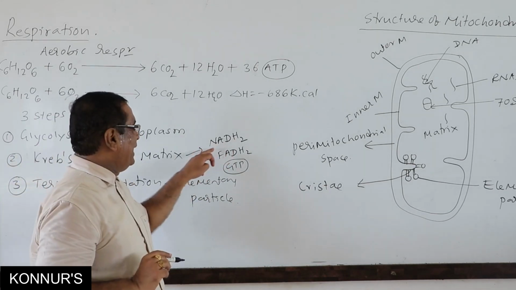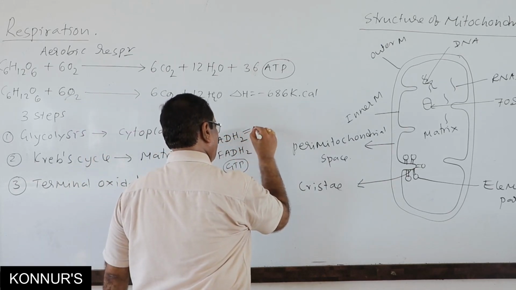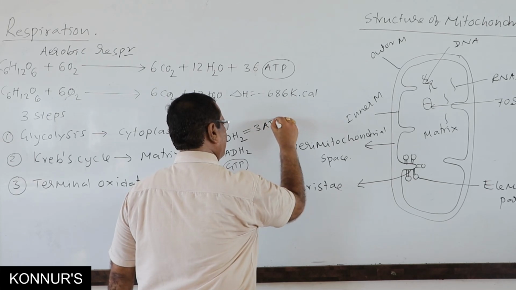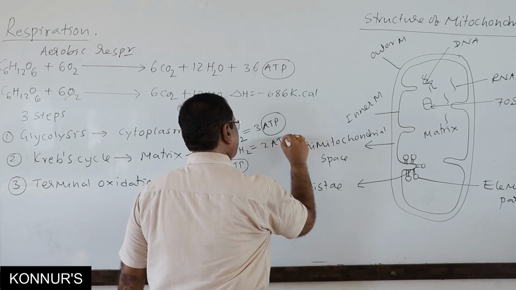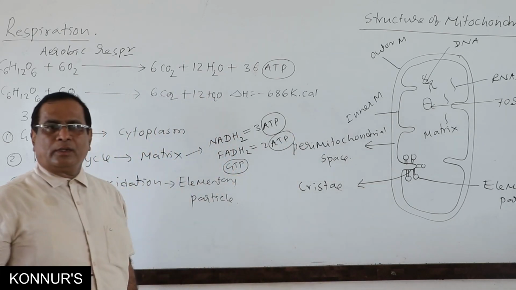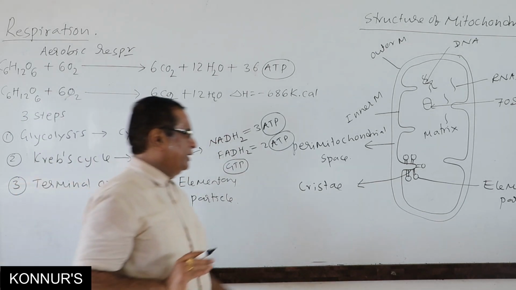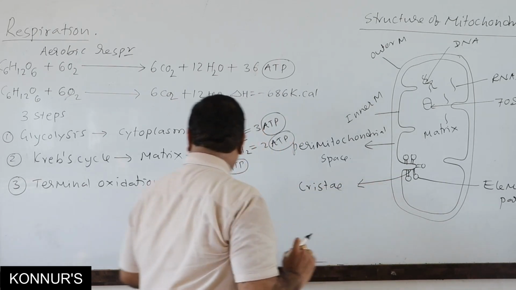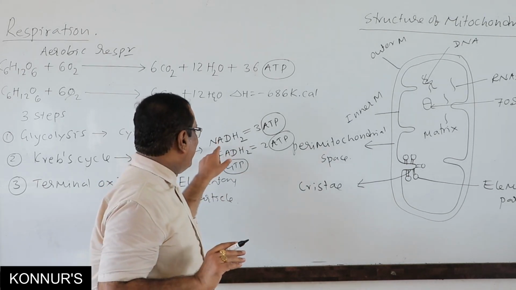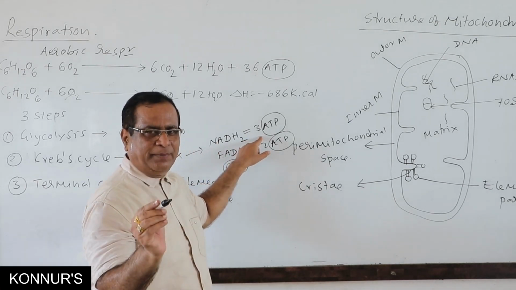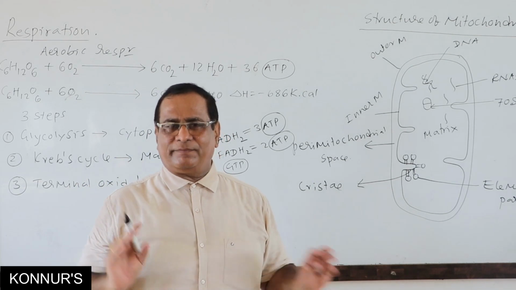NADH2 has 3 ATPs of energy and FADH2 has 2 ATPs of energy. In the final step, they go to the elementary particles where terminal oxidation takes place, during which NADH2 yields 3 ATPs, whereas FADH2 yields 2 ATPs of energy.